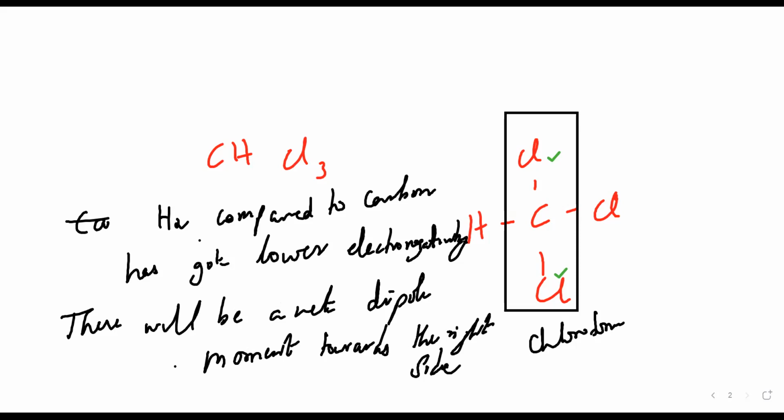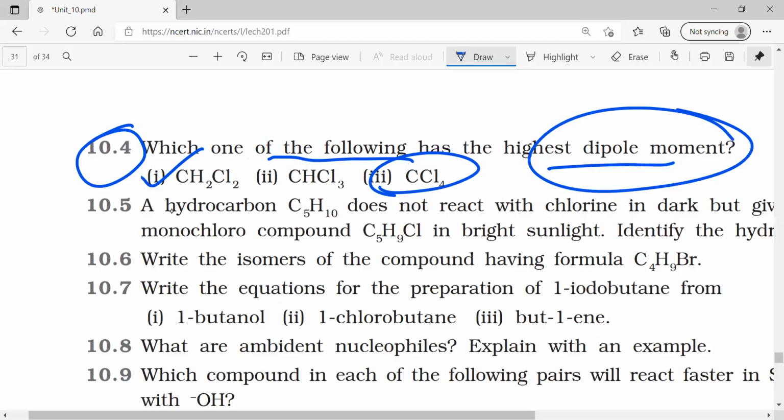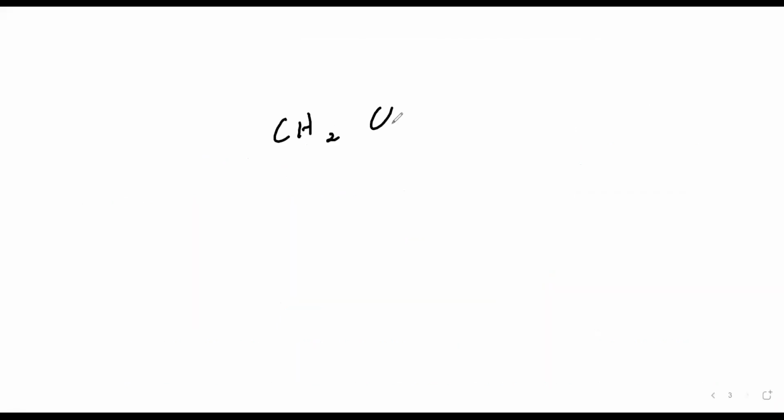Okay. Now coming to the next example, the last one here: CH2Cl2. Let me write it down here. CH2Cl2. Correct? Yes. So if I want to draw the structure of CH2Cl2, one H here, one H here, Cl, and here again Cl.